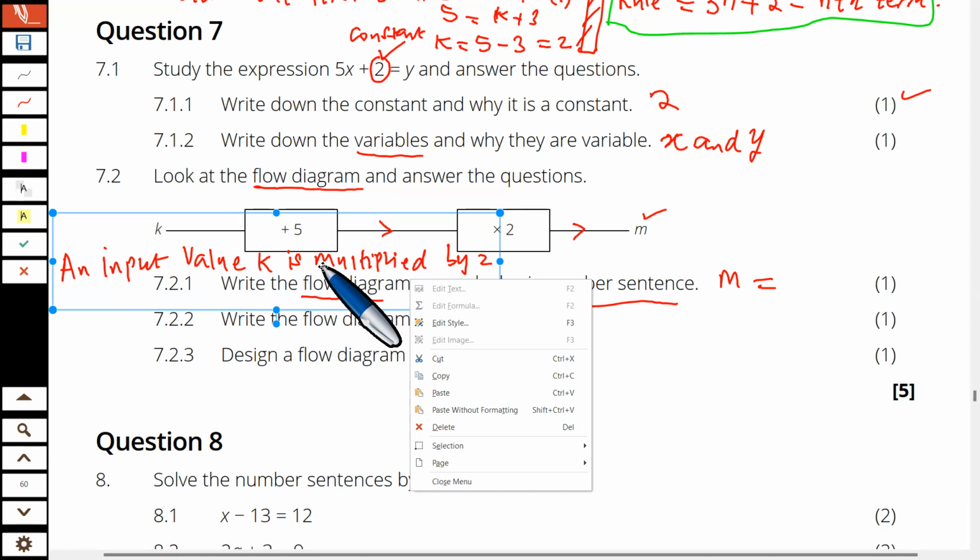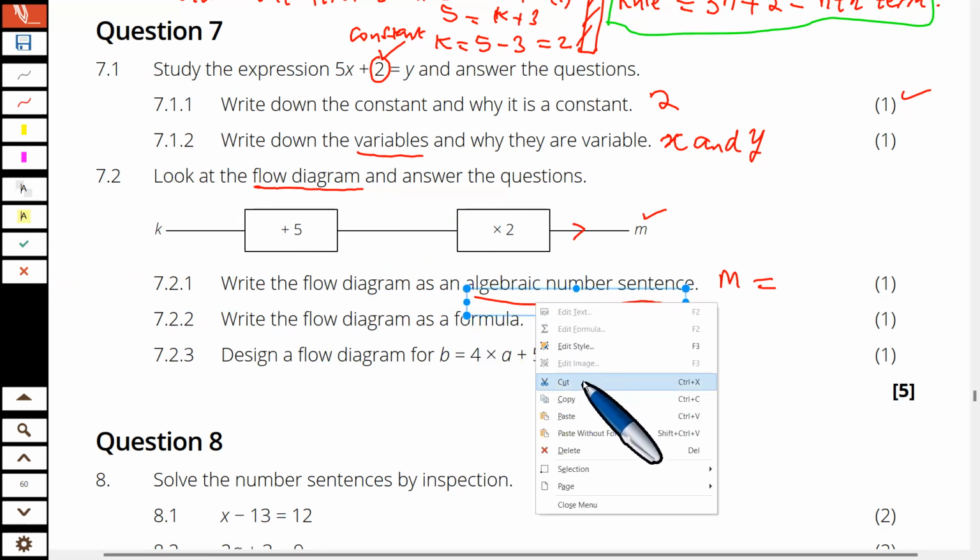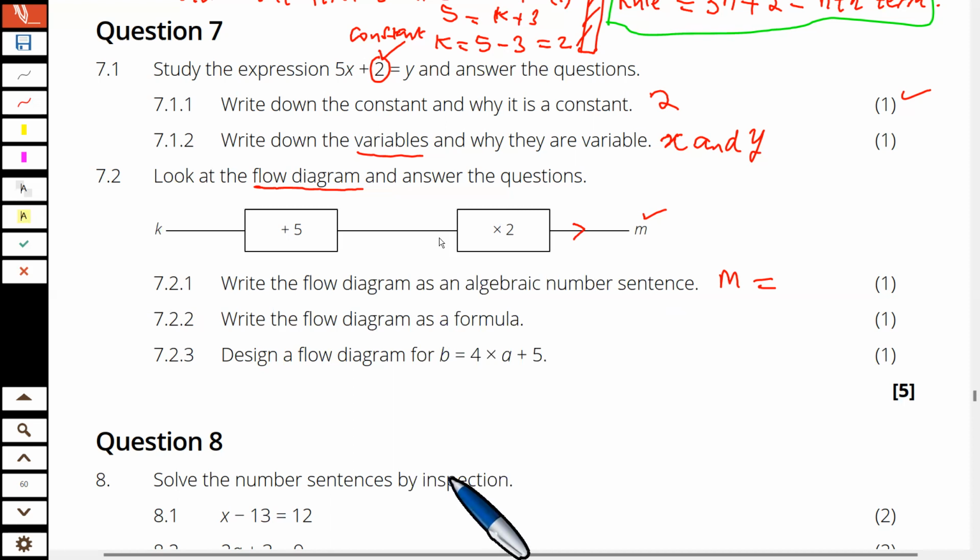There are a couple of things you can consider here: you are starting with a variable. We're using k here, but the variable sometimes is x.